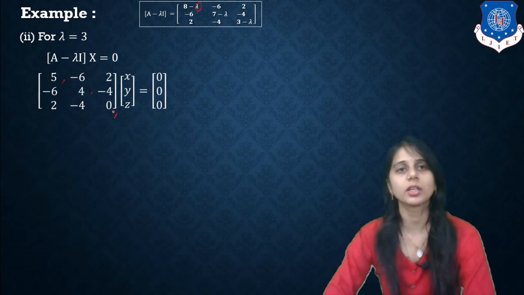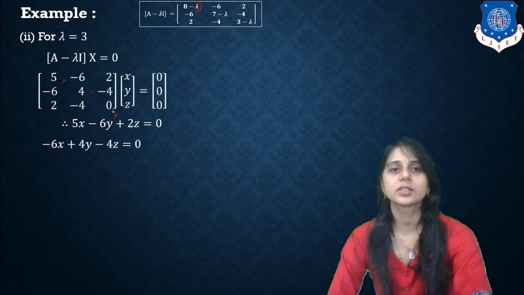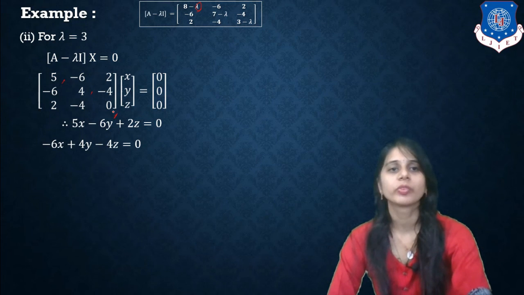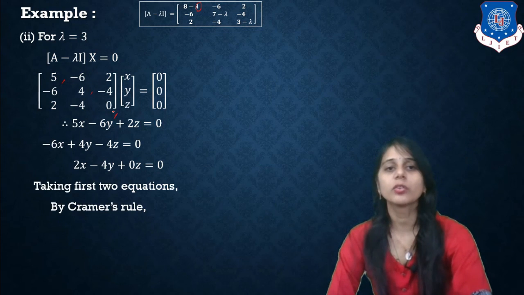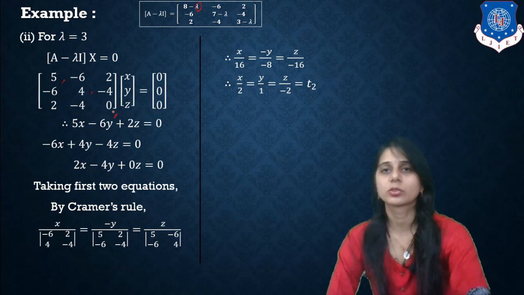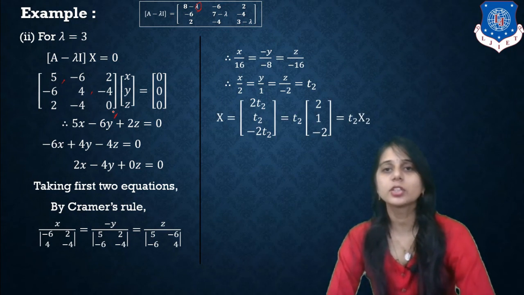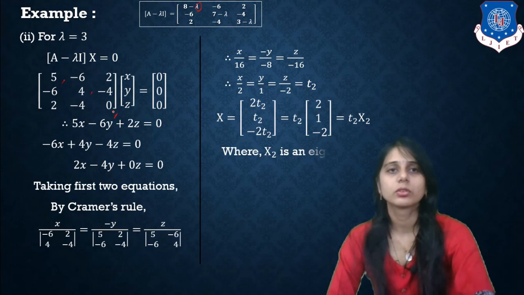So we get a new matrix, and comparing with the equation, we get 5x minus 6y plus 2z equal to 0, minus 6x plus 4y minus 4z equal to 0, 2x minus 4y plus 0z equal to 0. So taking the first two equations and using Cramer's rule, we get x by y by z as 16, minus 8, minus 16. So our second vector is 2, 1 and minus 2 for lambda equal to 3.